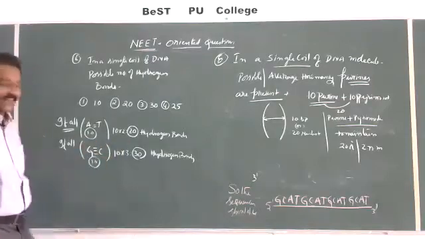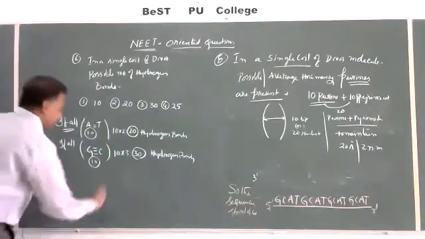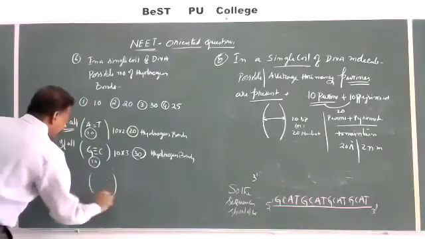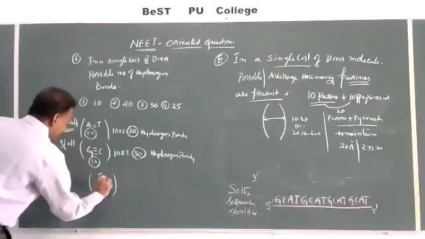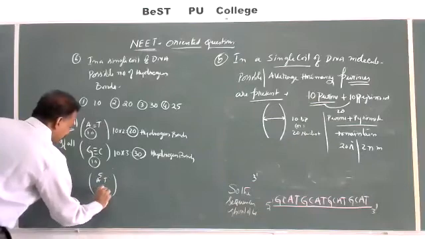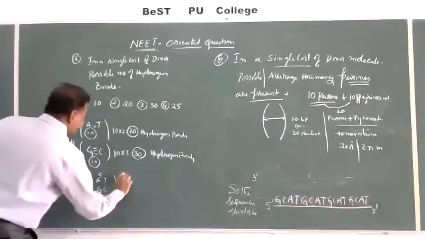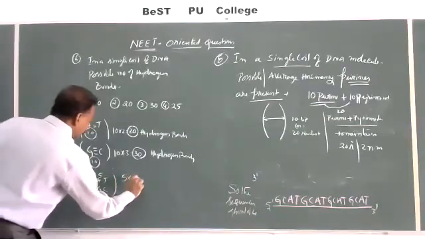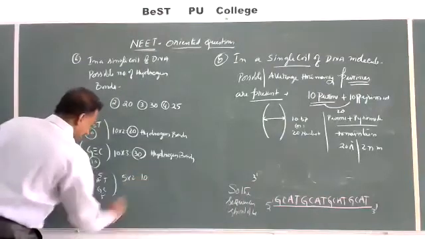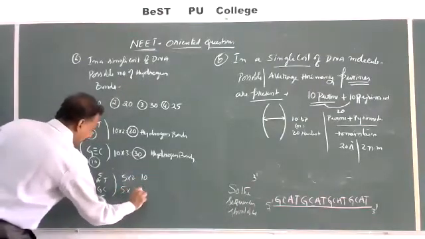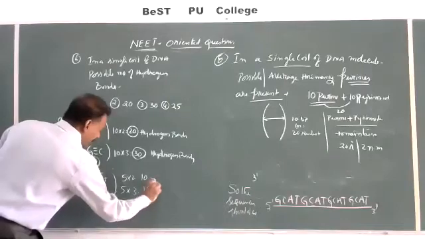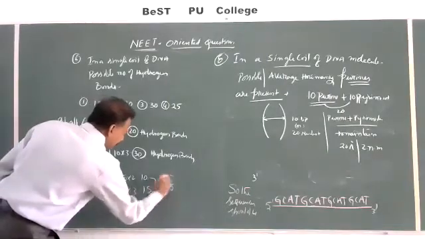But in a coil, a possibility: if 5 AT, 5 GC, 5 into 2, 10, 5 into 3, 15, total 25.